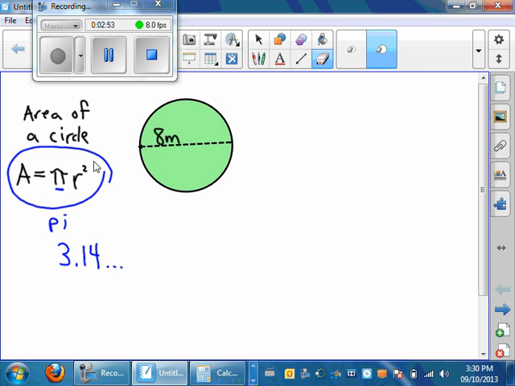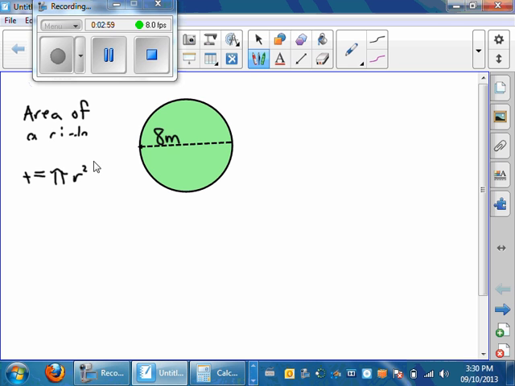So we're going to use this formula to calculate the area of the circle. Let's draw that in so you can see it. We have a circle, and it is 8 meters in diameter. What we know is that the radius is half the distance of the diameter, because if we went from the center point out to the edge, this would be 4 meters.